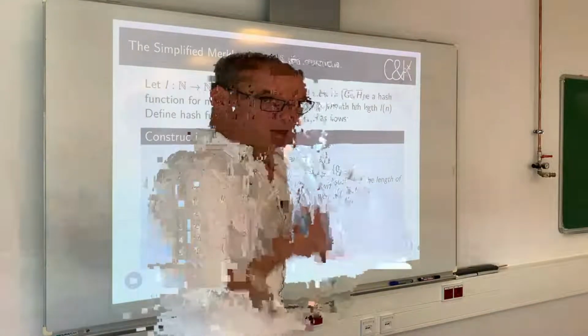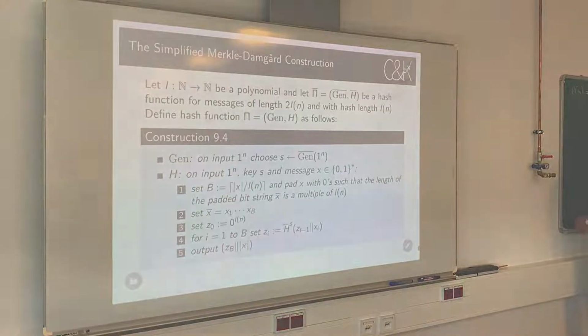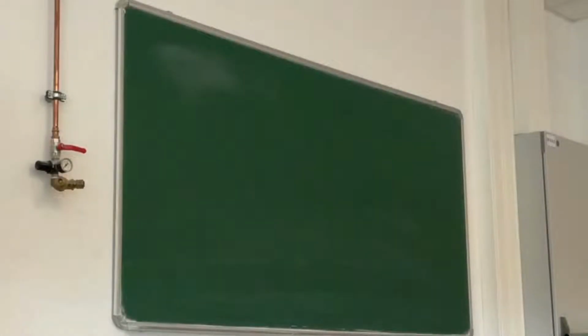So you partition. Say L of n is 4, and my x is 1, 0, 1, 1, 0, 1, 1, 0, 1, 1, 1, 0, 0, 0, 0.